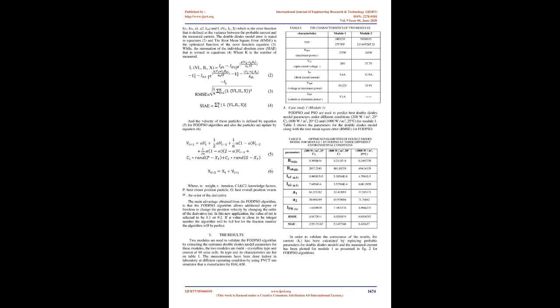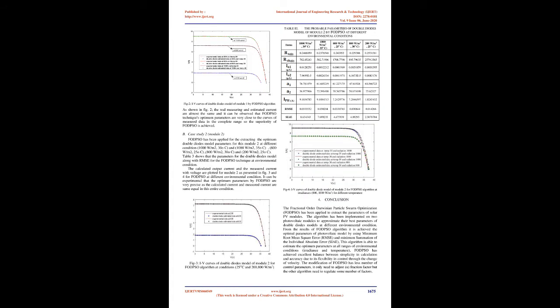The particles of FODPSO algorithms for parameters estimation are defined for the double diode model with the solution vector P equals Rs, RSH, IO1, IO2, A1, A2, IPV, and L, VL, IL, X, which is the error function that is defined as the variance between the probable current and the measured current.